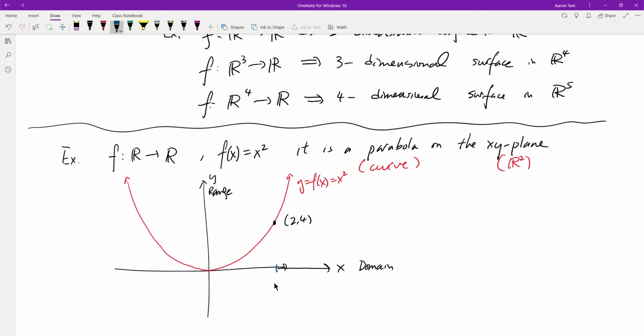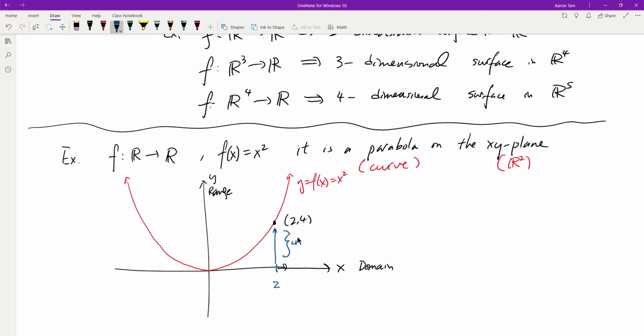Well, simple. We first identify 2 in the domain, and then recognize that the output of this function is 4. Therefore, we move up 4 to get to the point (2, 4).